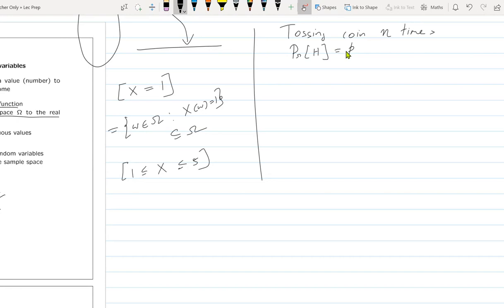Now let's look at the random variable: the number of times to toss to get the first head. How much time should I wait? How many times should I keep on tossing such that I get a head? That's a random variable.